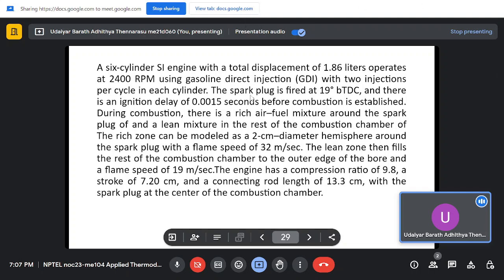I'll just clear this up. Gasoline direct injection is just like fuel injection, but it is an additional technique which is used currently. It's just like compression ignition, but you use a spark plug in this case, that is different. Fuel injection is not necessary in a spark ignition engine, but modern engines do use injection in spark ignition engines as well. It's an additional option, not a necessary part.